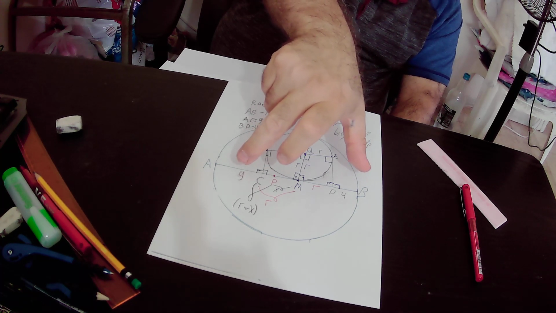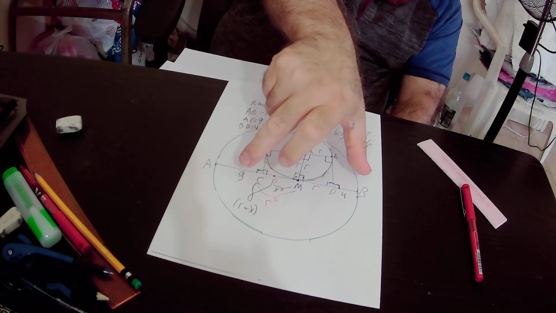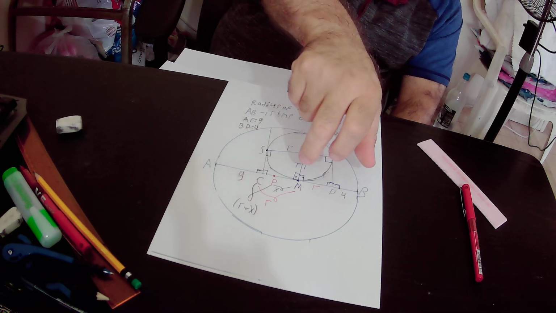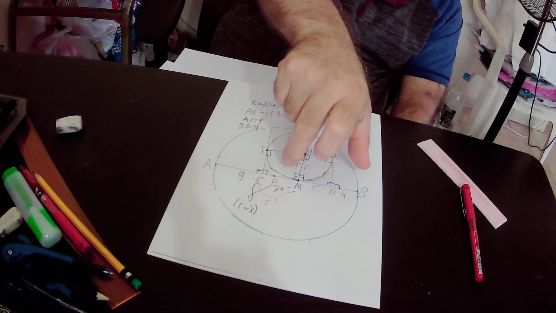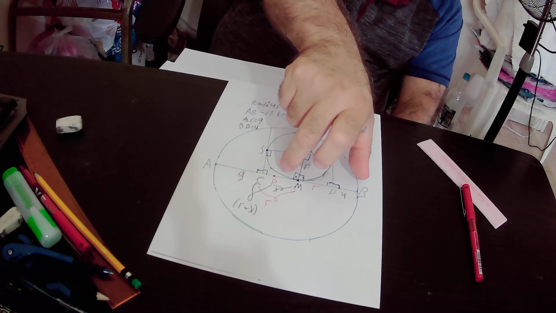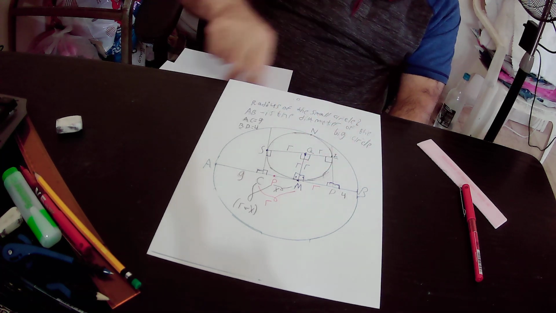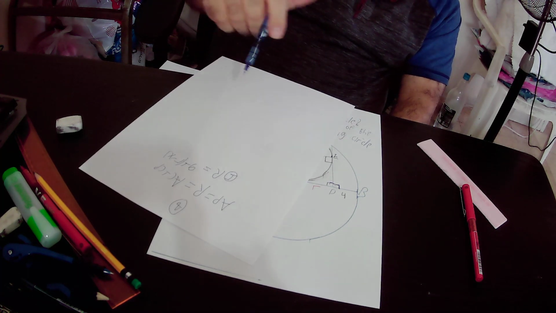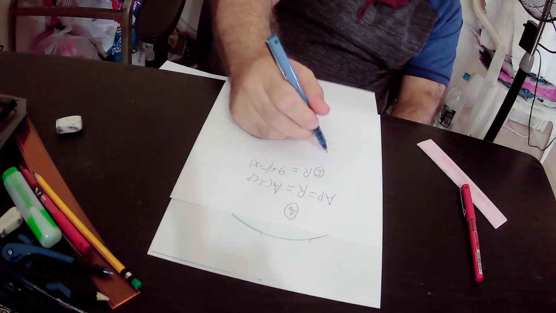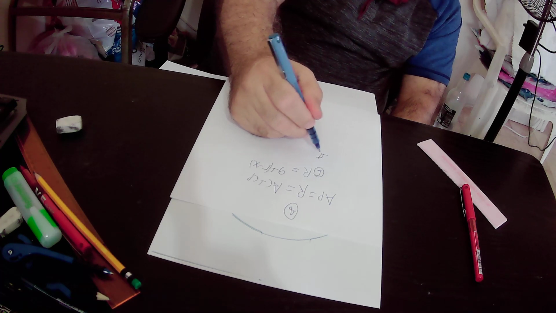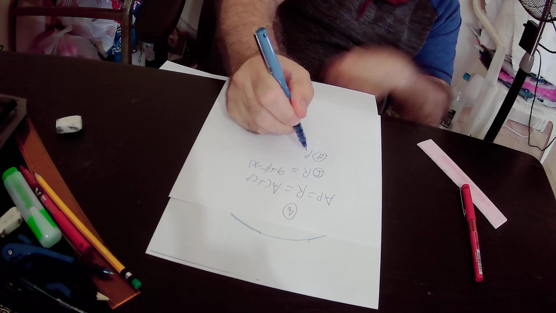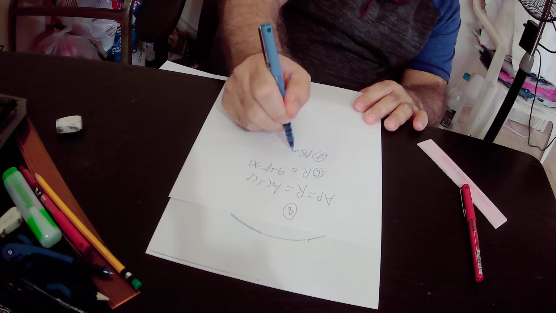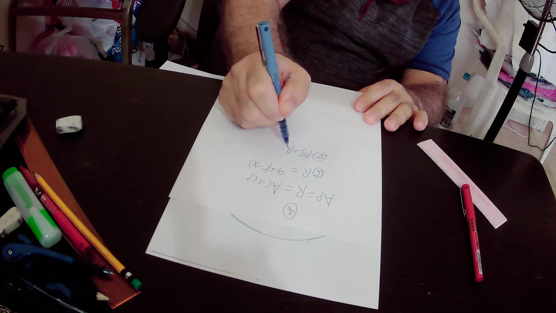It equals 2 times the radius of the big circle, so PB is also equal to the radius of the big circle. So we can write down that PB, this will be equation number 2, it is the radius of the big circle. It equals capital R.